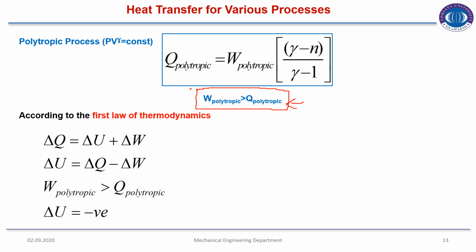Now, according to the first law of thermodynamics, del Q is equal to del U plus del W. So change in internal energy is equal to heat transfer minus work done. As we have proved here, W polytropic is greater than Q polytropic. So as the second term is greater and the first term is smaller, the answer for del U is negative.